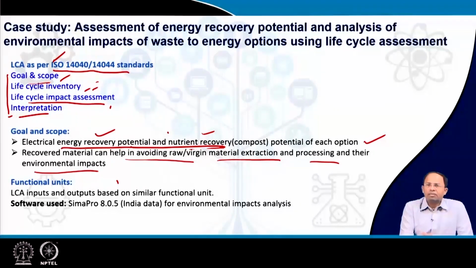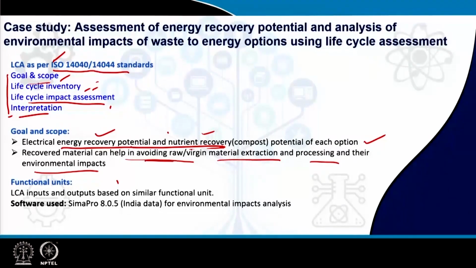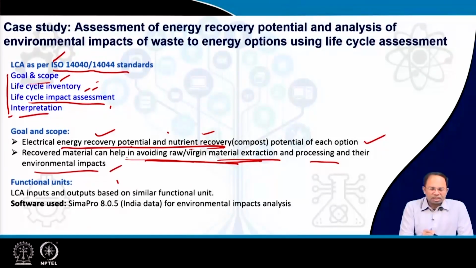So if we are generating fuel like RDF, or we are burning waste, we are creating heat and electricity. This could be used for electricity production, but that means we are avoiding production of electricity by the normal process like using coal and so on. So there are a lot of benefits from that. So this is called avoiding raw virgin material extraction or processes. So this has to be defined.